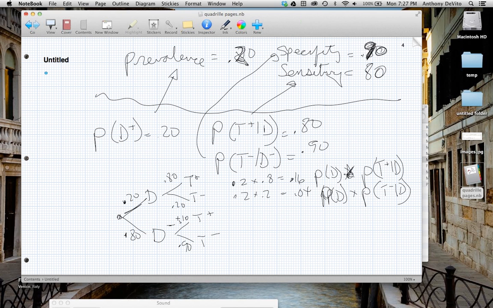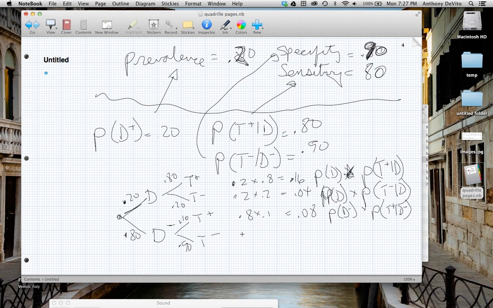Okay, so let's go down here. 0.8 times 0.1 is equal to 0.08. That's going to be the probability of not having the disease times the probability of testing positive given that you don't have the disease.